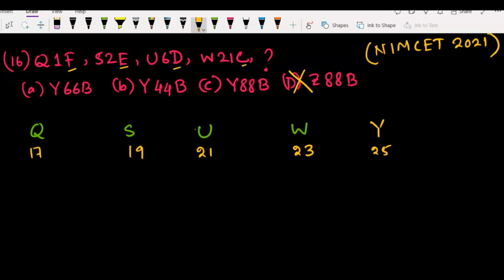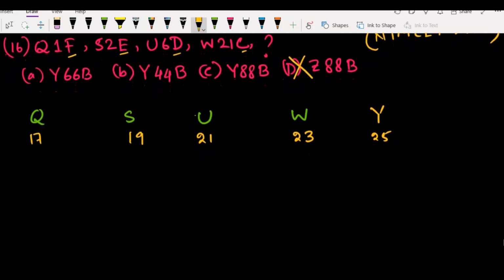So we have to see what will be the second term. The second one here is a number. So how do we get the number? For the first number we have 1. Now 1 multiplied by 1 plus 1.